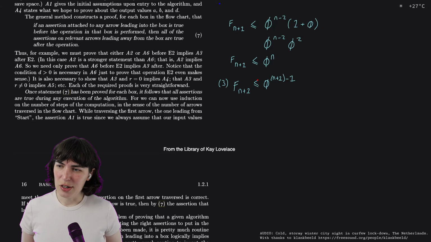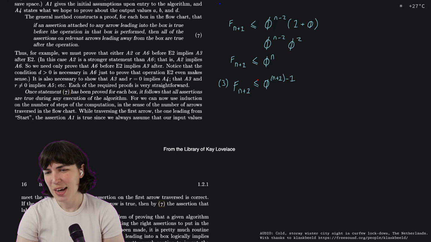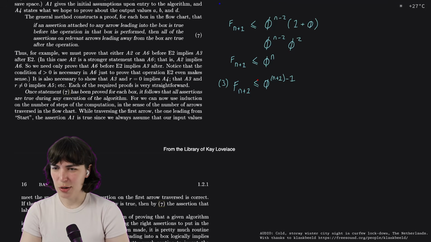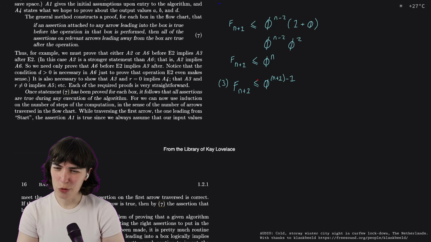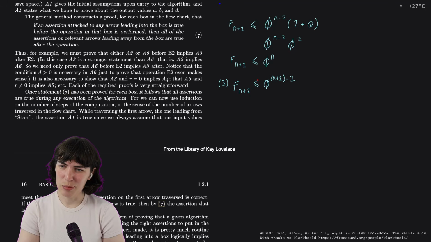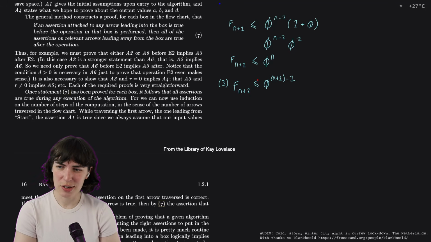For we can now use induction on the number of steps of the computation, in the sense of the number of arrows traversed in the flowchart.